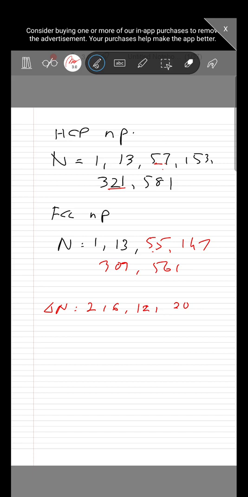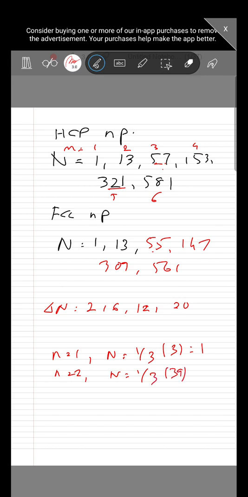So this was for n equal to 1 layer, n equal to 2 layers, 3 layers, 4 layers, 5 layers and 6 layers. That is why we were not getting the value for n equal to 1 earlier. We obtained 1/3 into 3, which was equal to 1, and for n equal to 2, we obtained 1/3 into 39, which was equal to 13.